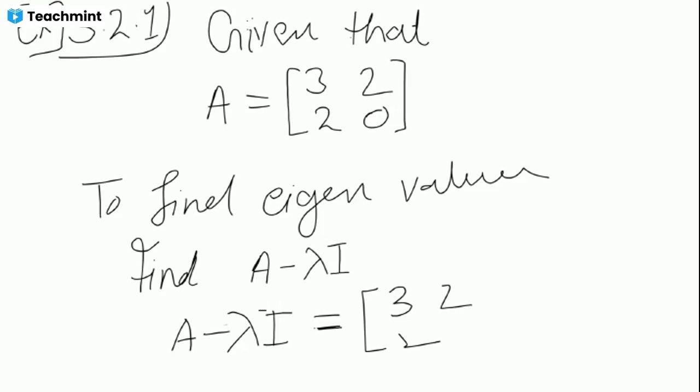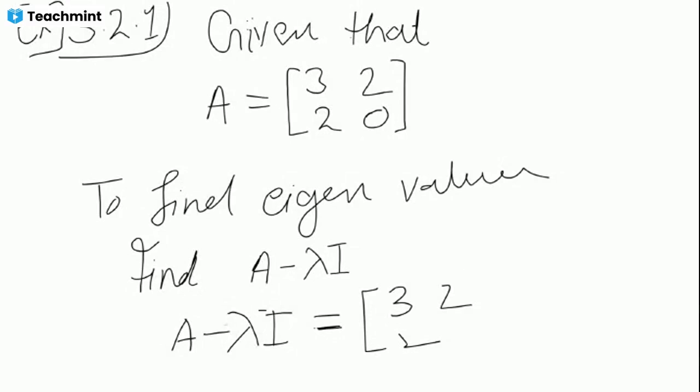So we have lambda is equal to 0, then we'll get obviously the same matrix as given, into capital X having two components x1 and x2, is equal to the null matrix.